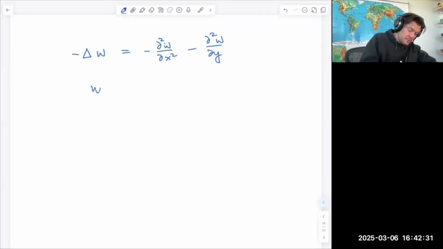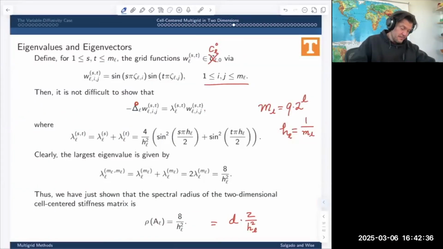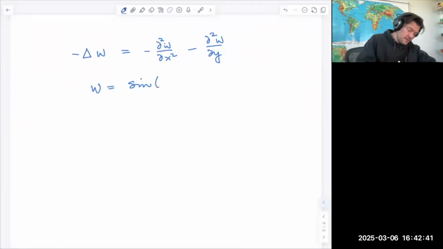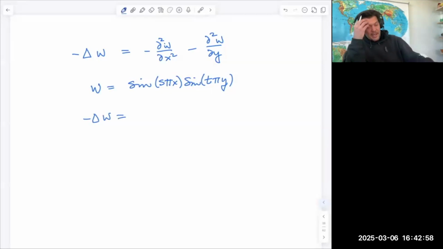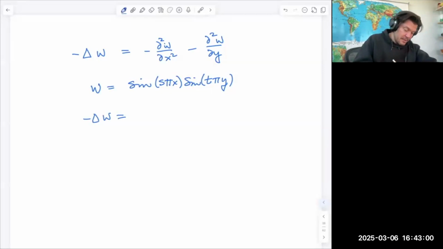But now if you say w is equal to sine s pi x and sine t pi y, then if I plug that in, minus Laplacian w is going to be, for the x derivative, the y derivative doesn't play any role, so it's going to be minus sine t pi y.